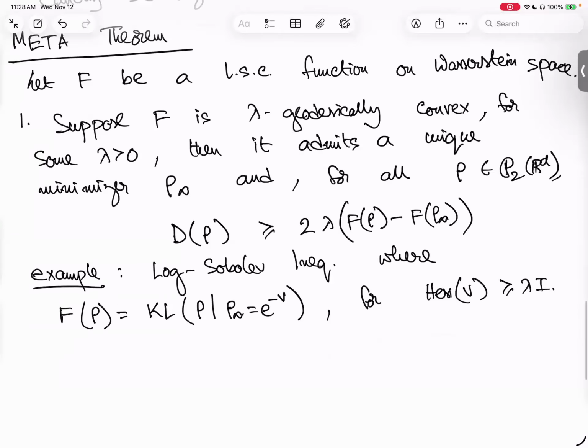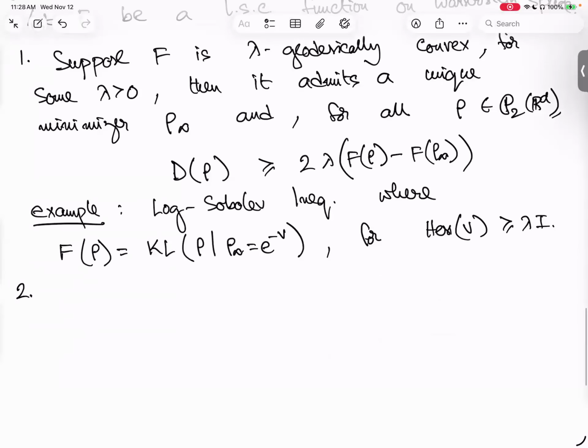So one is this. Two, I'm continuing with my meta theorem. Two, same conditions, same assumption as in one.